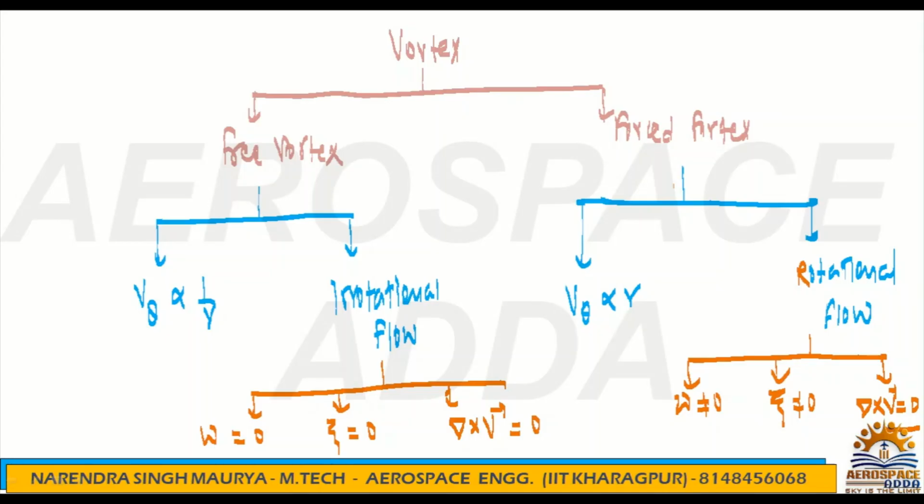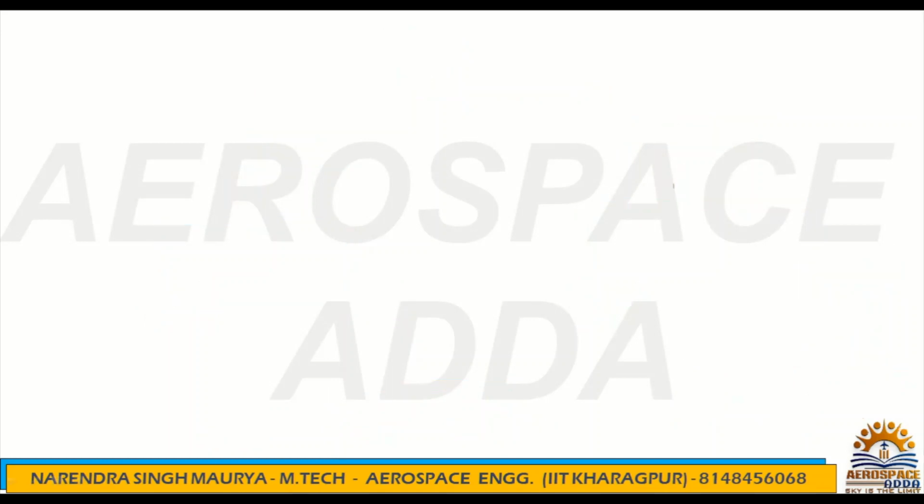the next, which is very important, called circulation. So we have to discuss the circulation. Basically, because we are talking about the angular velocity, the vorticity, and the vortex flow, back to back we have to finish circulation also here, because it is also related to that only.